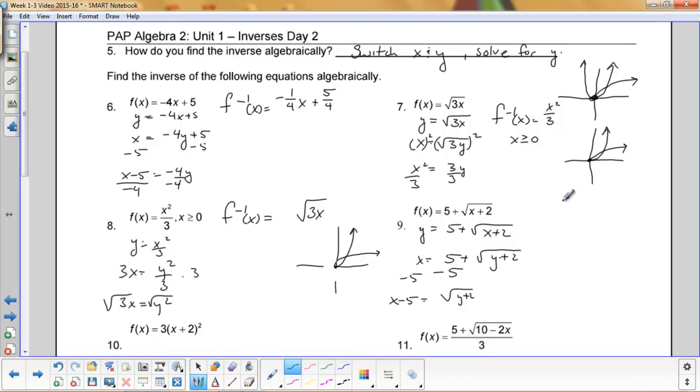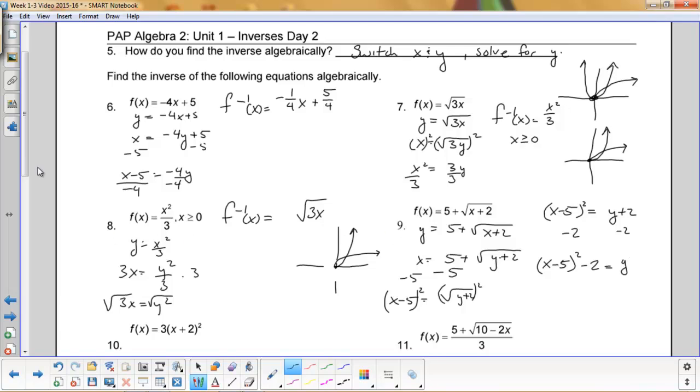Squaring both sides gives me x minus 5 quantity squared equals y plus 2. Finally, subtracting 2 from both sides. Remember, the 2 stays outside because the exponent locks the quantity x minus 5 inside the parentheses. And now I have this.